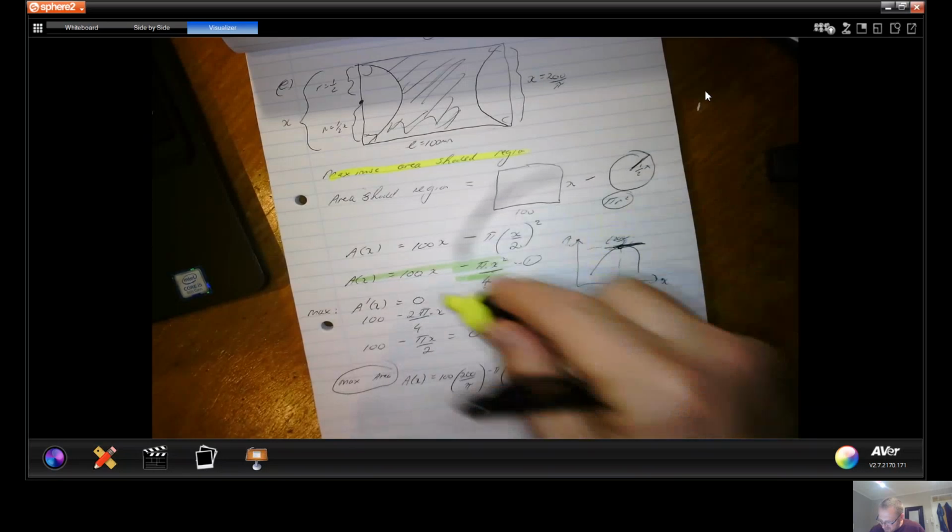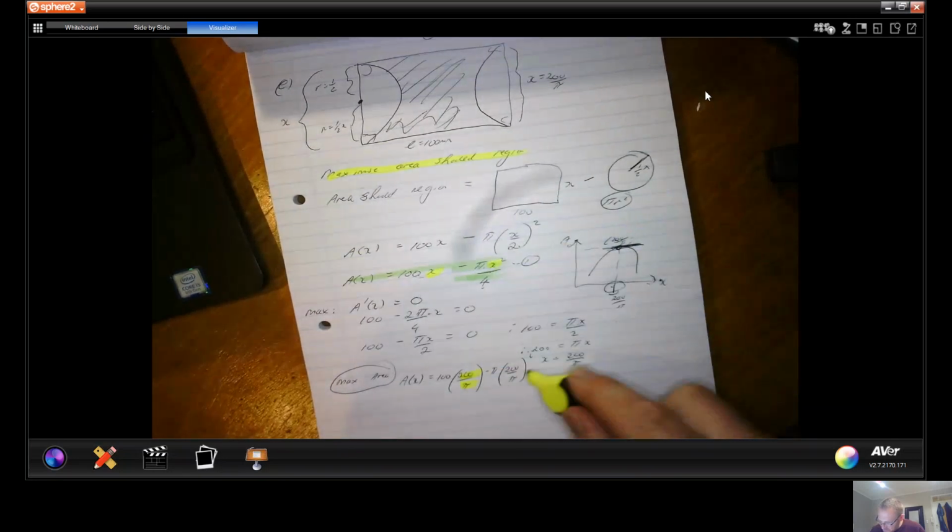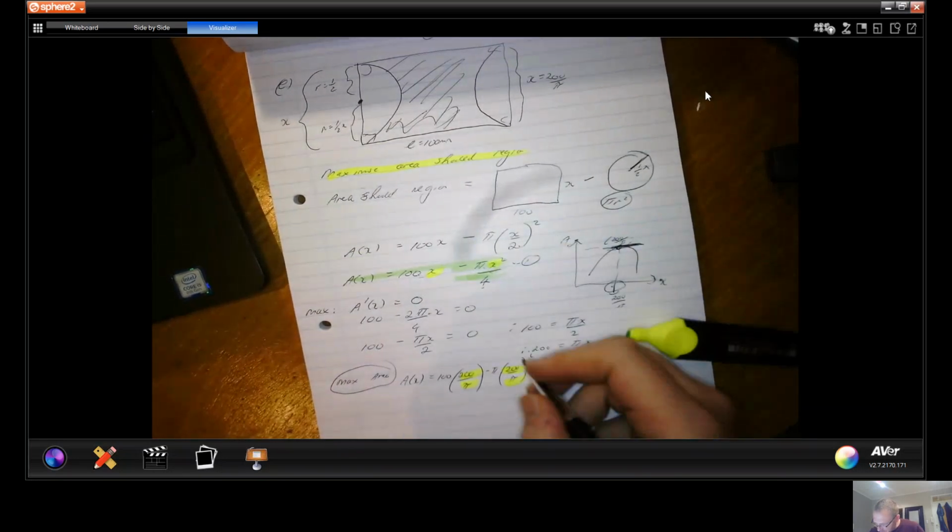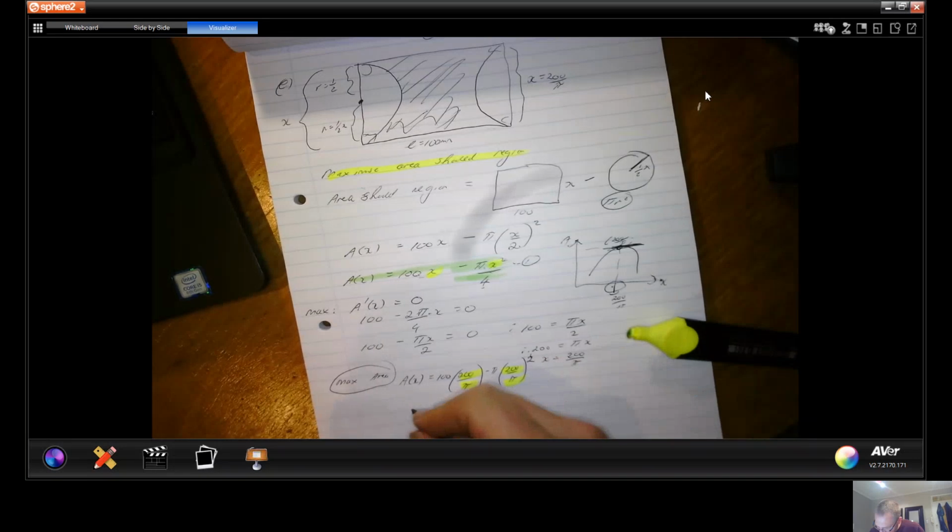I've replaced every x with 200 over pi. Chuck that into your calculator, and you should get an answer of 10,000 over pi.